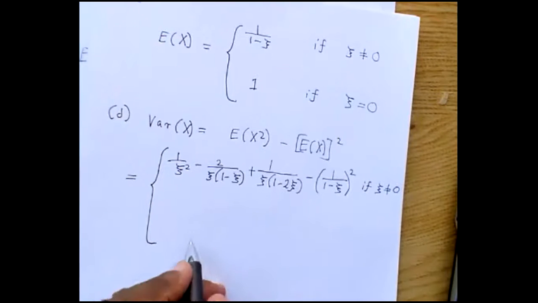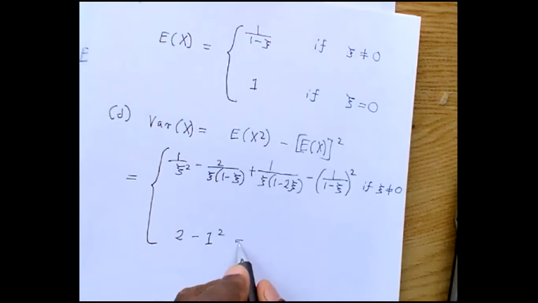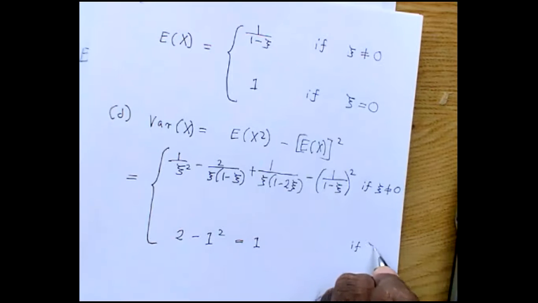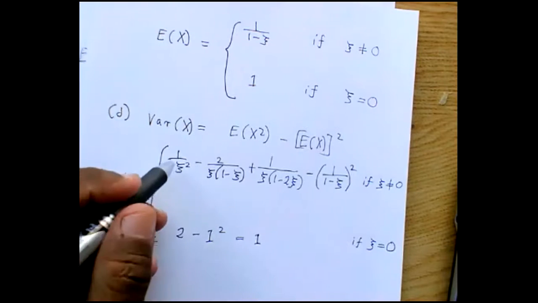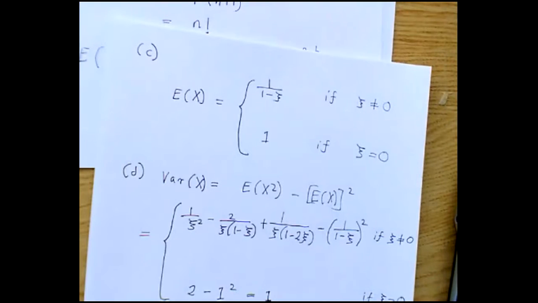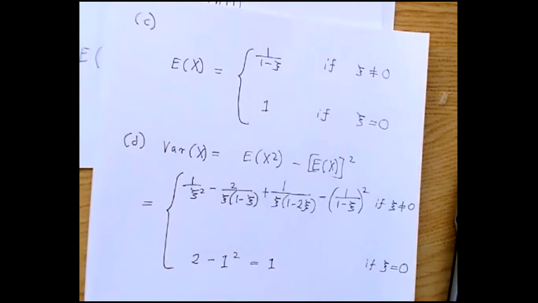And if psi is equal to 0, then it is 2 minus 1 squared, which is 1, of course, as if psi is equal to 0. All right, so once again, please check my answers here. This one and this one, I'm not 100% sure. You may want to check it again to see if that's correct.